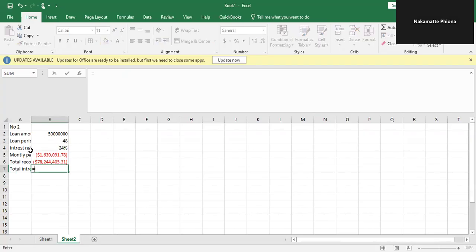This will be total recoveries minus the amount. So let us do our loan amortization.